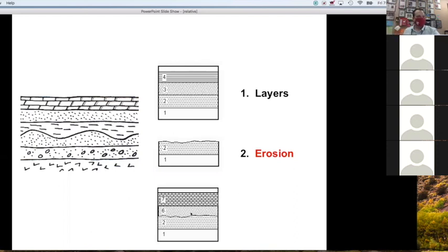And then look what happens. 3 and 4 are gone. Even 5 is gone. But then new layers came in, and we have 6 and 7. So it's like somebody took a history book and they took the 2000s and they just tore them out. So we went from 1999 to 2010. We lost a whole middle section of the book.